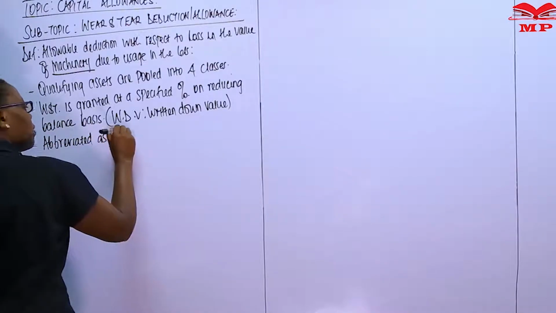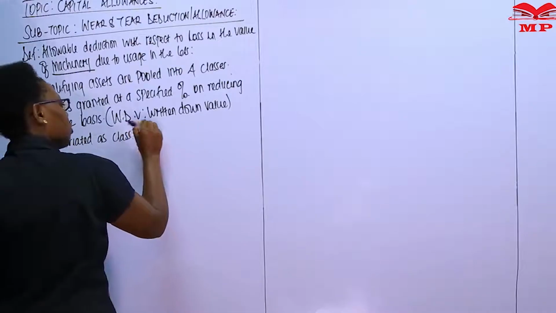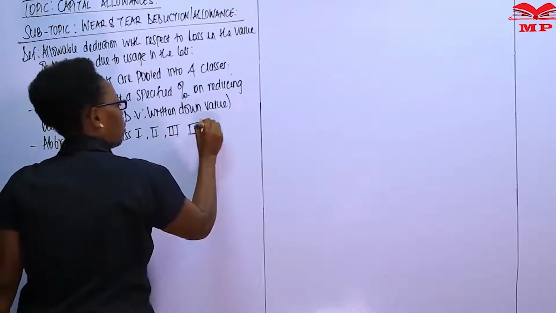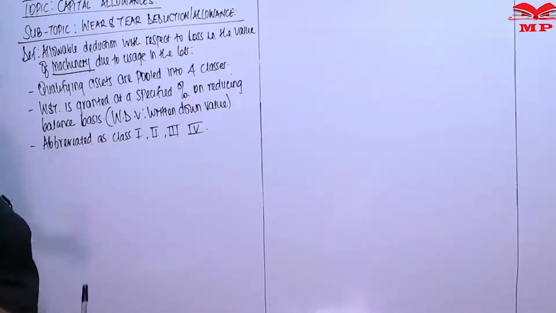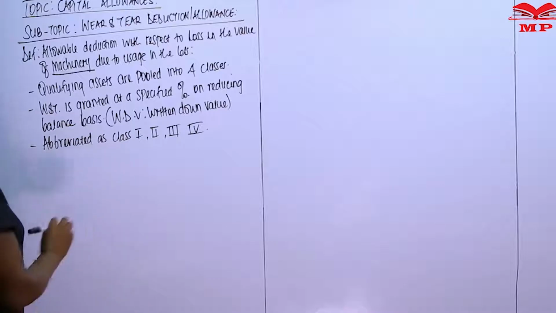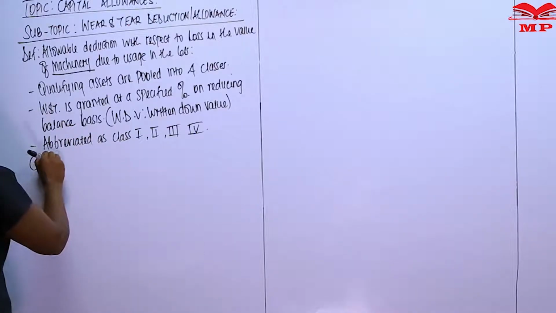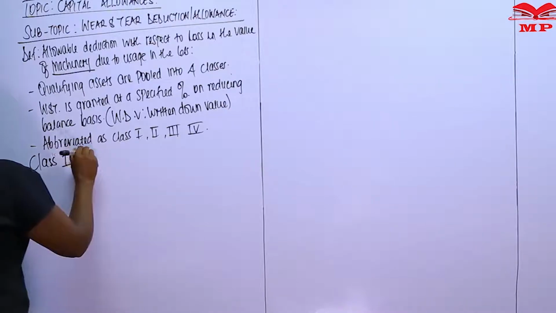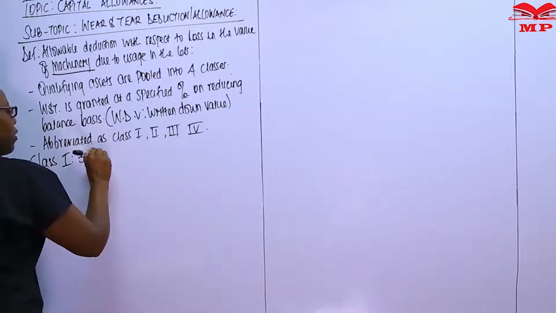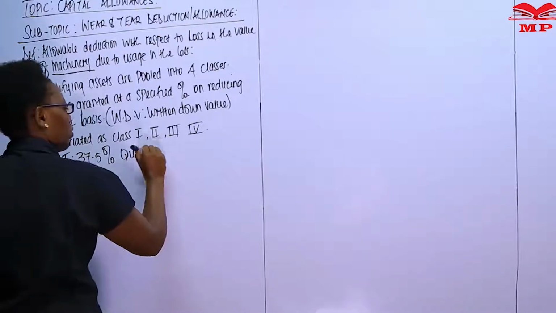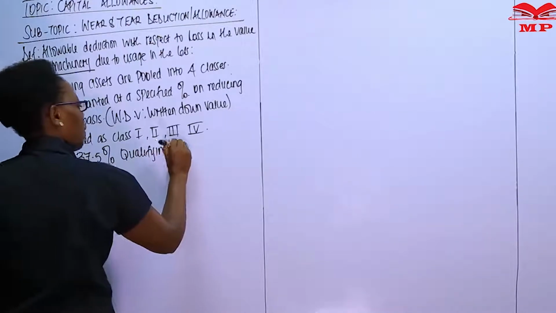So these classes are abbreviated as Class 1, 2, 3, and 4. So we want to know what falls under Class 1, Roman capital 1, 2, 3, and 4. So we start with Class 1. So Class 1, at a percentage of 37.5% of the qualifying cost. We're going to explain what qualifying cost is.